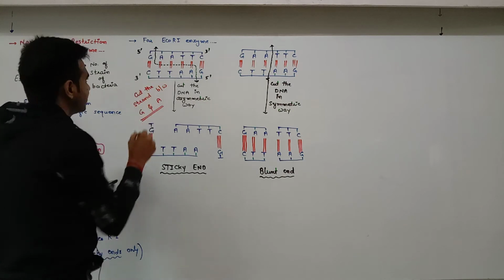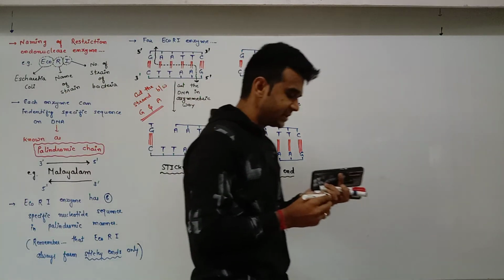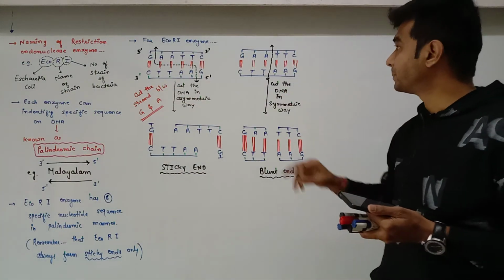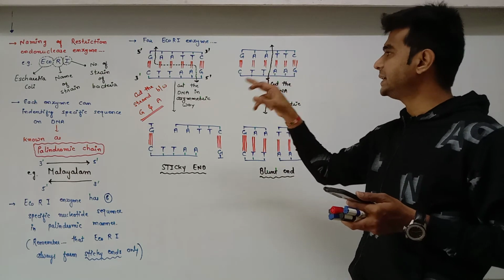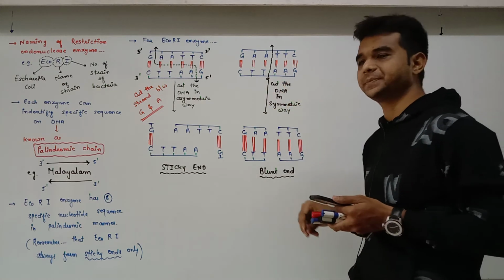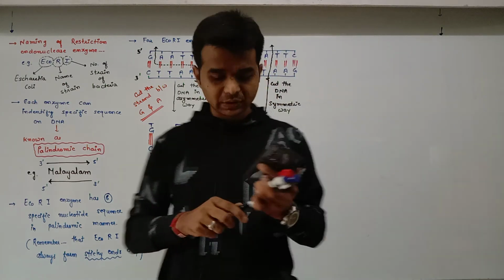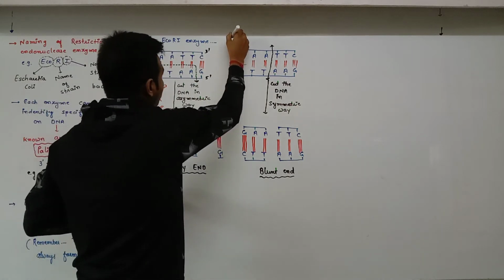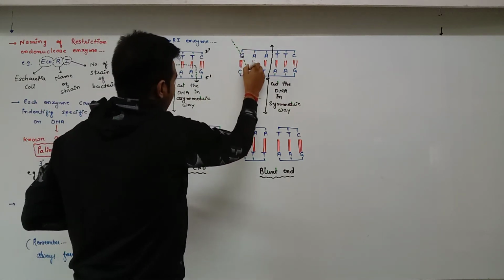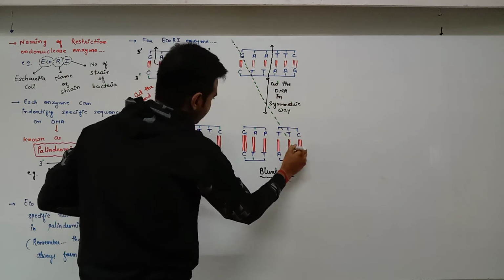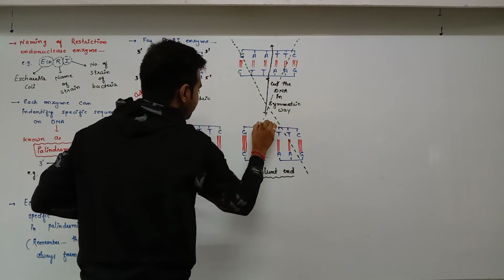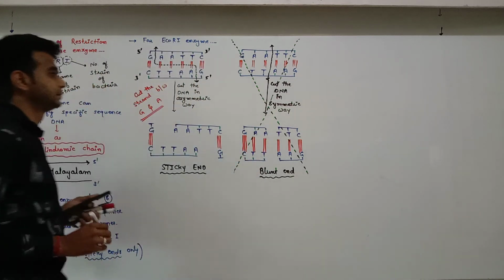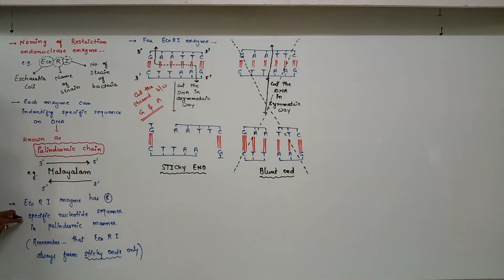Just for example, here 5' GAATTC 3', and the opposite strand 3' CTTAAG direction. Okay, so this will not form at all. For your understanding purpose, I have written it out here only. Fine, but here EcoR1 forms only sticky end.